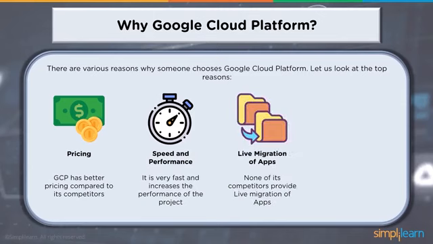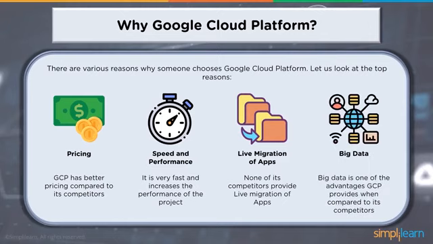There is live migration of apps, and there are a huge number of solutions which I will show you in further screens, which help an organization adopt and integrate with a cloud platform, or even completely migrate into a cloud platform. None of Google's competitors provide live migration of apps. When we talk about big data, AI, and machine learning solutions, GCP provides a lot of innovative solutions in comparison to other cloud providers such as AWS, Azure, and so on.